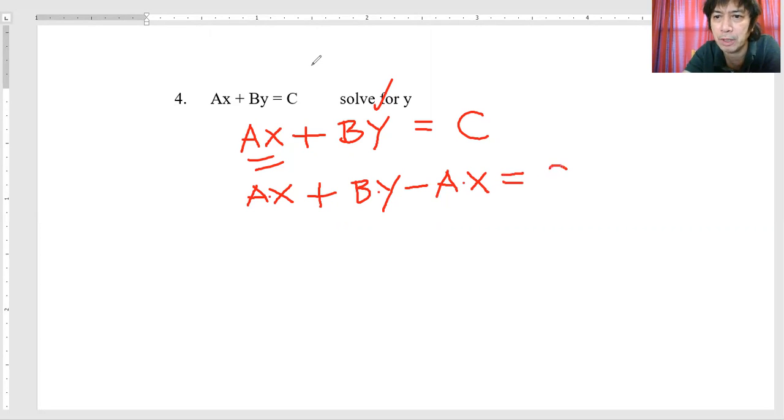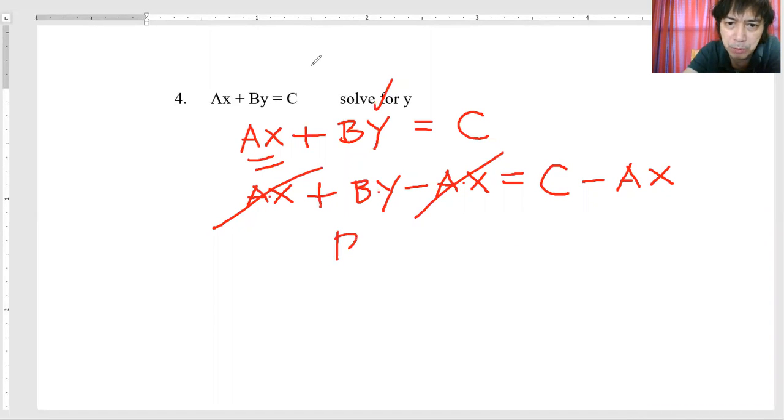We will also do that at the right. Whatever you do on the left side of the equation, you also do at the right. And so this and this is 0. That's why we subtracted. We want that 0 so that by will be isolated.